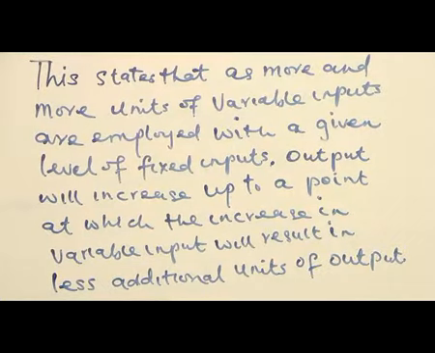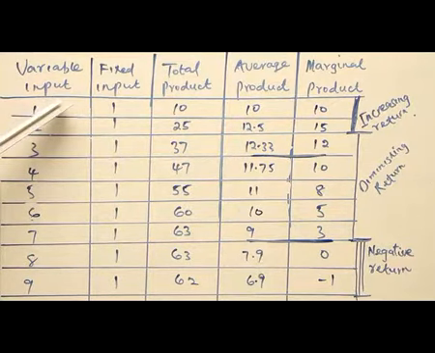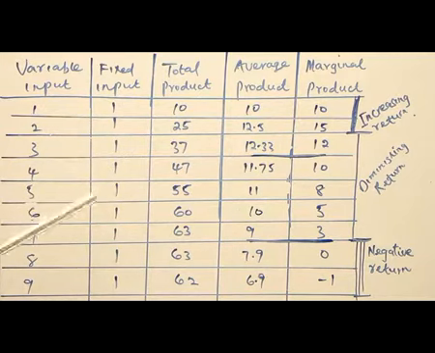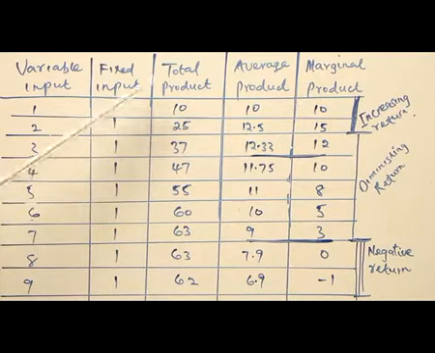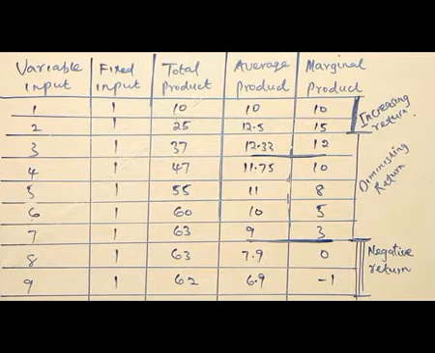Let us use a schedule and demonstrate what we have defined here. Using the table in analyzing the law of variable proportion, we have variable inputs and fixed inputs. When we use the two inputs, we have product. The total product happens to be this, the average product is this, the marginal product is this.